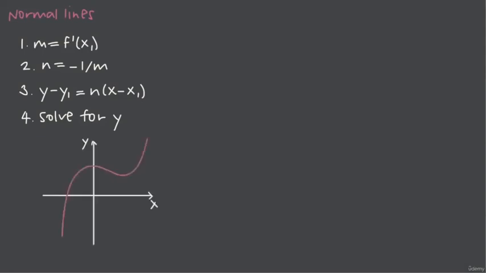So let's say, for instance, that we have this curve here, and we'll call this curve f of x, and it's just some generic cubic function. If we wanted to sketch in a tangent line, so let's say we have this tangent line here, this line is tangent to f of x at right about this point right here, it looks like.